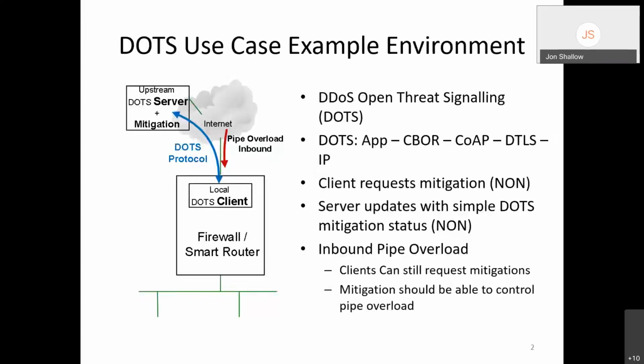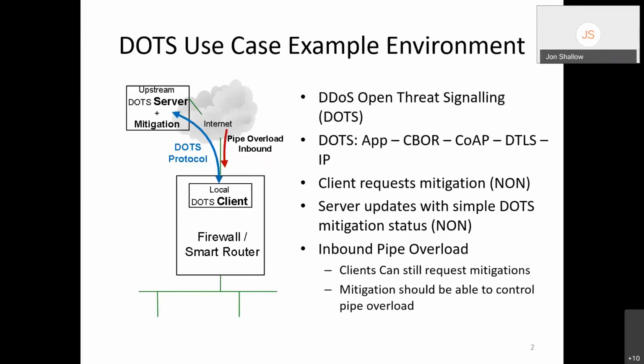So here we just have a schematic diagram of a use case, there are other ones as well, where we have a client at the end of an internet pipe, the internet, and we have some sort of upstream server who gets with the DOTS client on the local device and provides mitigation services based on information that's passed backwards and forward.